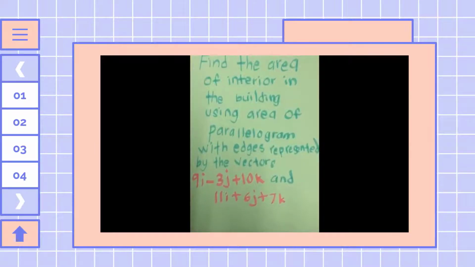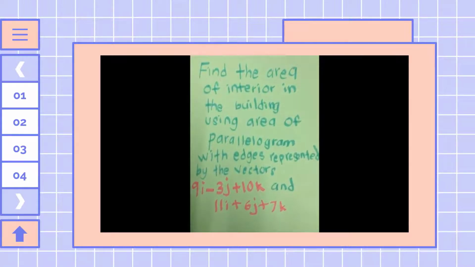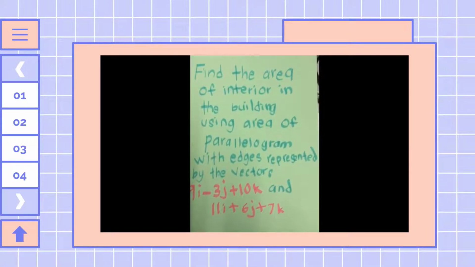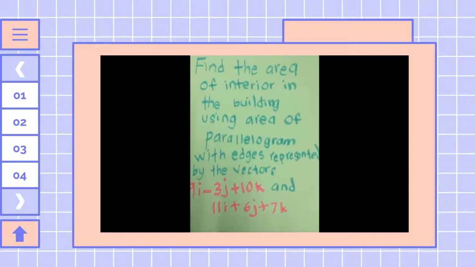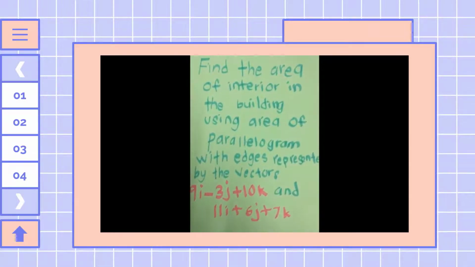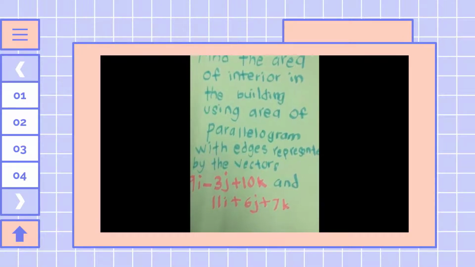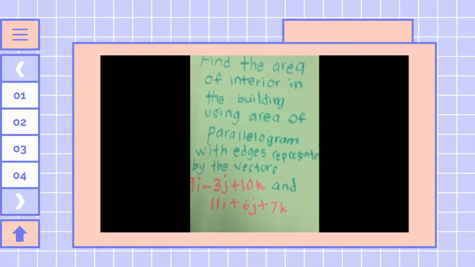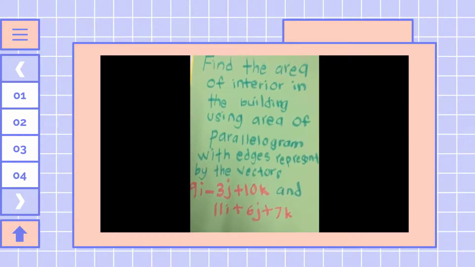Okay, let's get into the question and answer section. The question is, find the area of the interior in the building using area of parallelogram with edges represented by the vectors. The example is 9i minus 3j plus 10k and 11i plus 6j plus 7k.